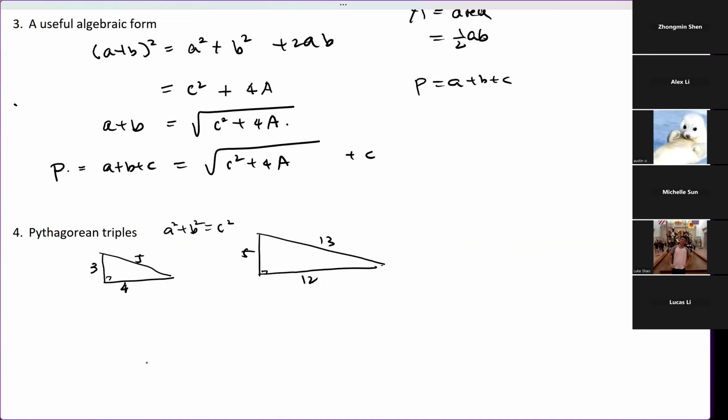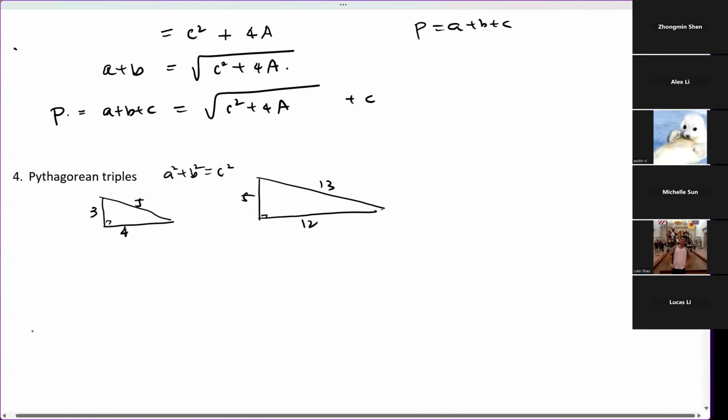So we are looking for three numbers so that A squared plus B squared equals C squared. And suppose you're a teacher, and you only know those two special right triangles with integer lengths, and you want to make another one. You have to think about how can I figure it out, right? You cannot just guess and try. It takes forever, right?